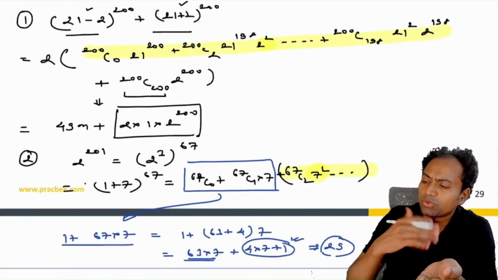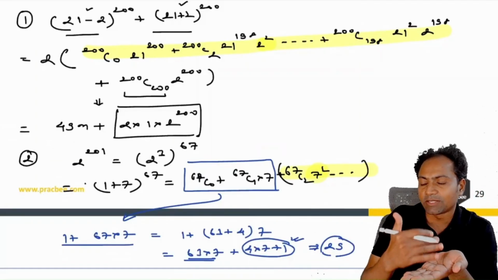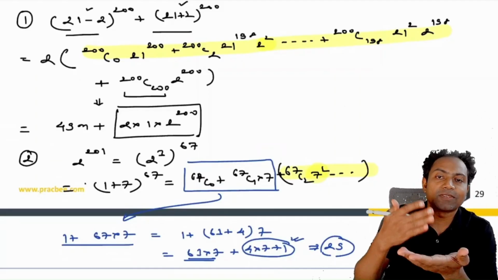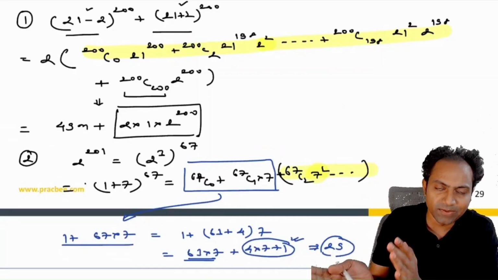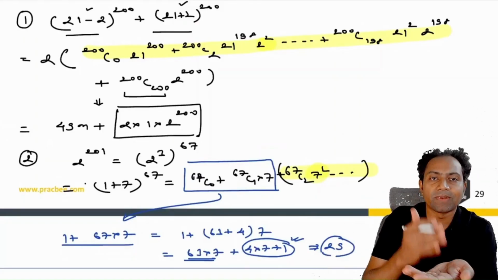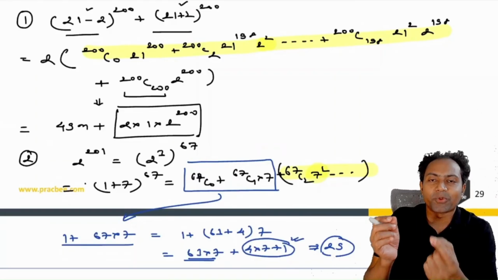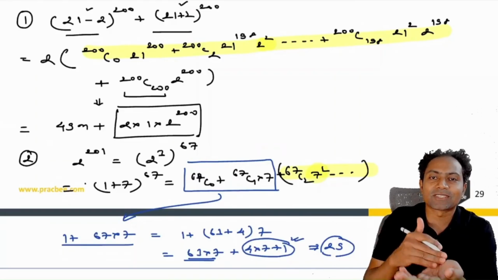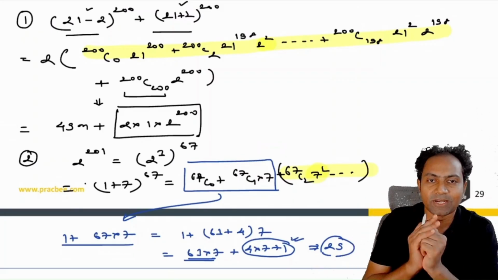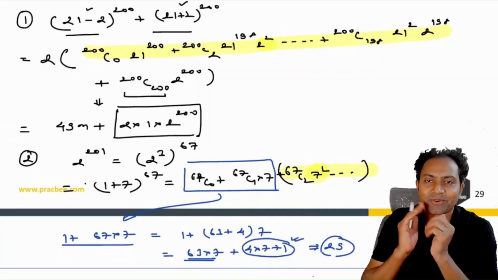It can be written as 2 raised to the power 3 raised to the power 67. 2 raised to the power 3 can in turn be written as 1 plus 7. We can write its binomial expansion, and after the second power onwards, 49's multiple will come. So the remainder will come from the first two terms, that is 1 plus 67 into 7. 67 can in turn be broken down into 63 plus 4. Why 63? Because again it is a multiple of 7, so 7 square will come when 63 and 7 get multiplied. Then 4 into 7 plus 1 will become the remainder, that is nothing but 29.